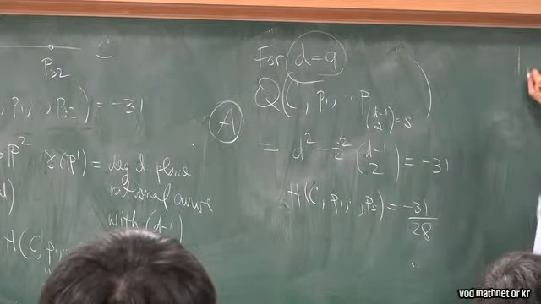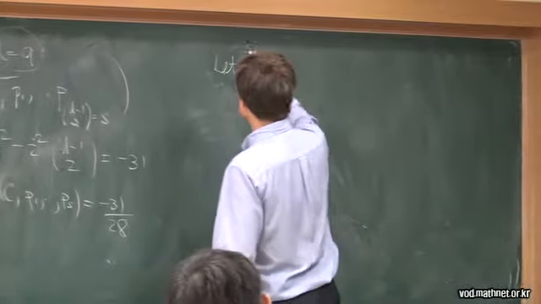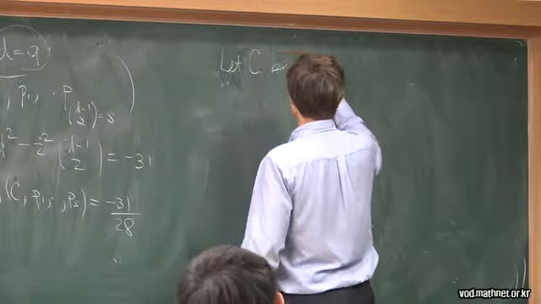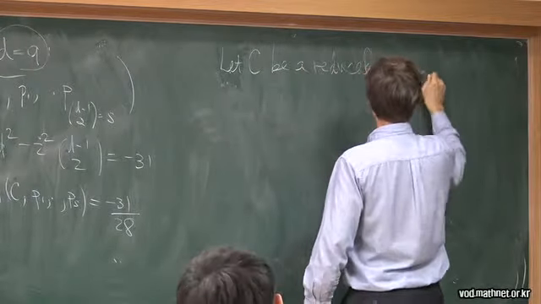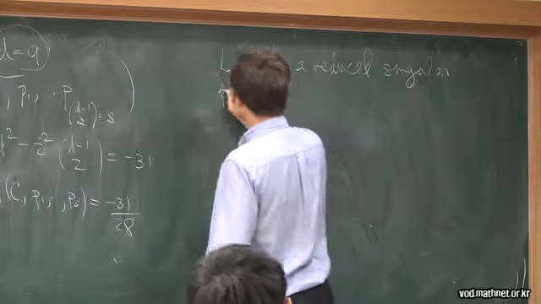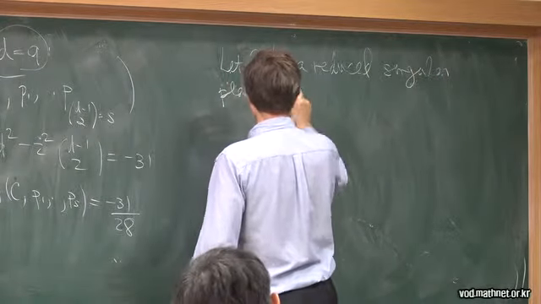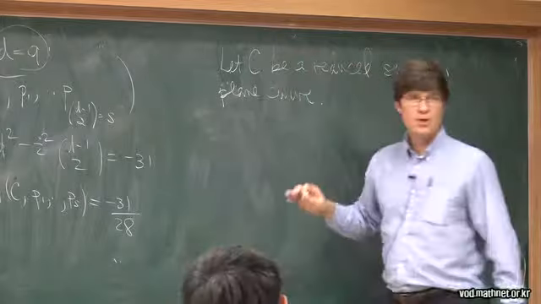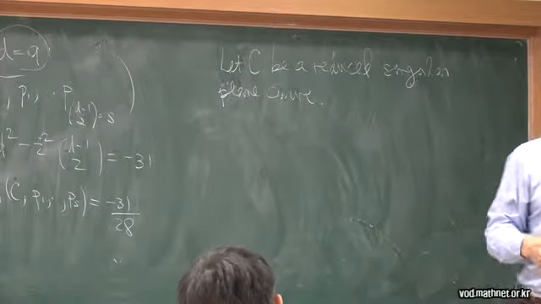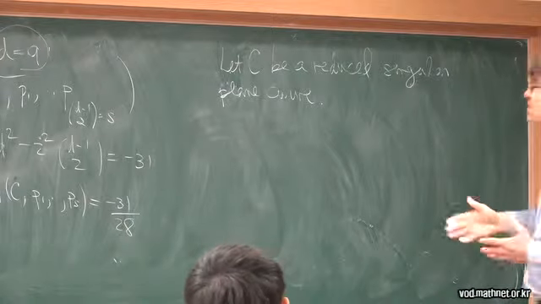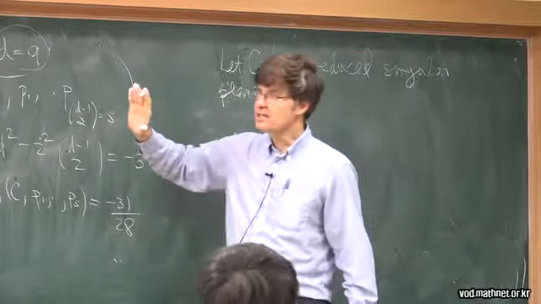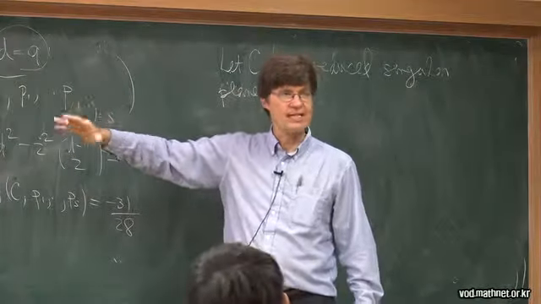So H of C, let C be, and it's only reduced curves that I'm interested in. You can look at variations of this definition. Nobody knows what the absolute best definition would be. This is just a way to try to get intuition about the bounded negativity conjecture.